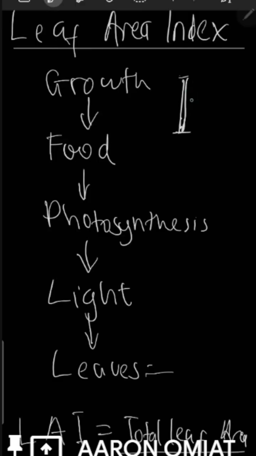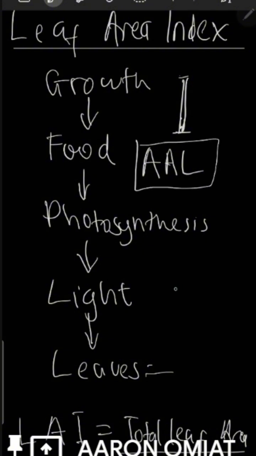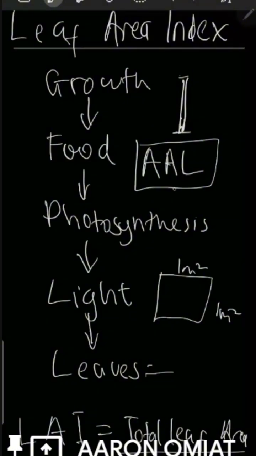Then we divide by the number of leaves to get the average area of a leaf, right? Then using that average area of a leaf, we can now go to the area. Let's say we have picked an area of 1 meter squared, in a uniform field. For this area, we count the number of leaves and multiply by the average leaf area.